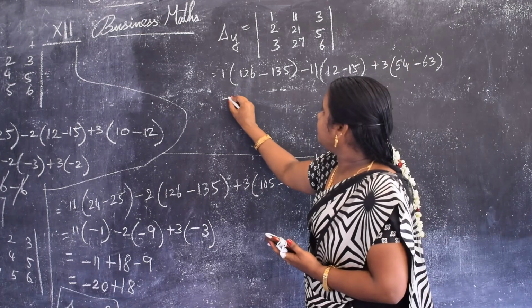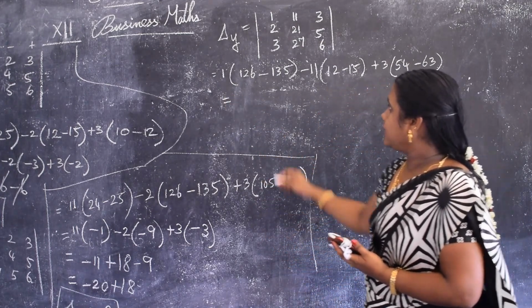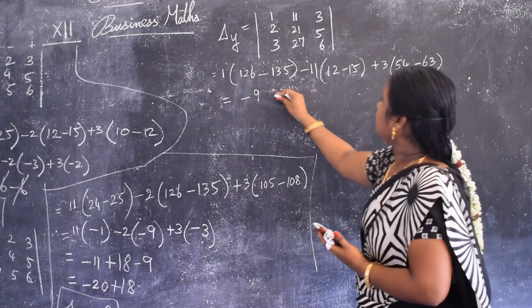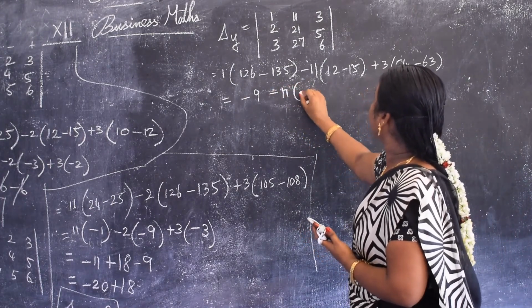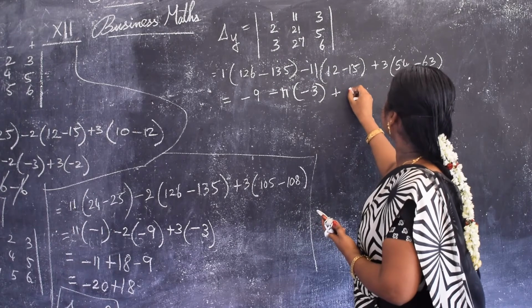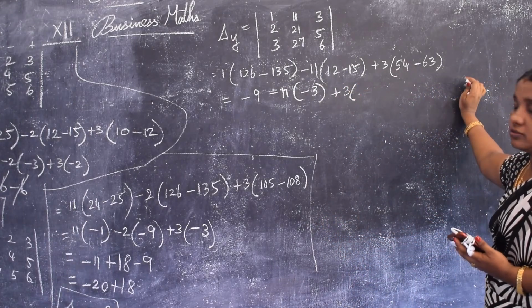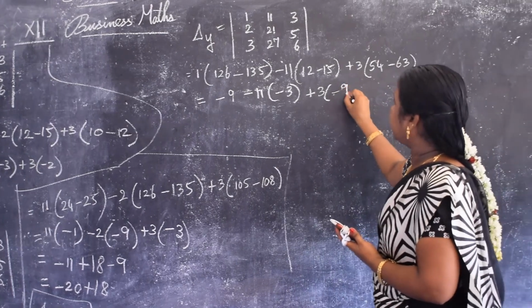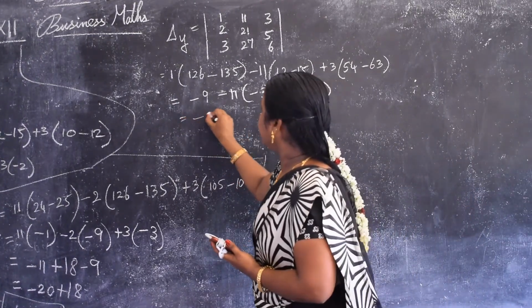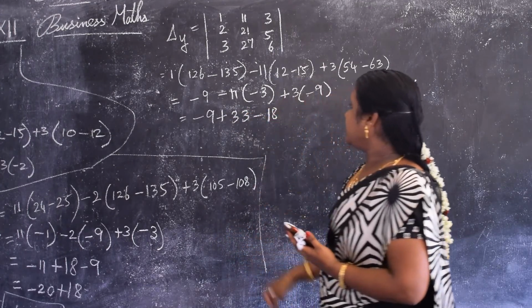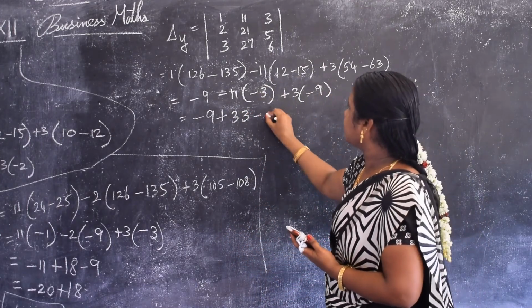So now you simplify this. In our answer, minus 9. Next minus 11 into minus 3, plus 3 into 63 minus 54, what do you get? Minus 9. So minus 9 plus 11 3s are 33 minus 18, 9 3s are 27.